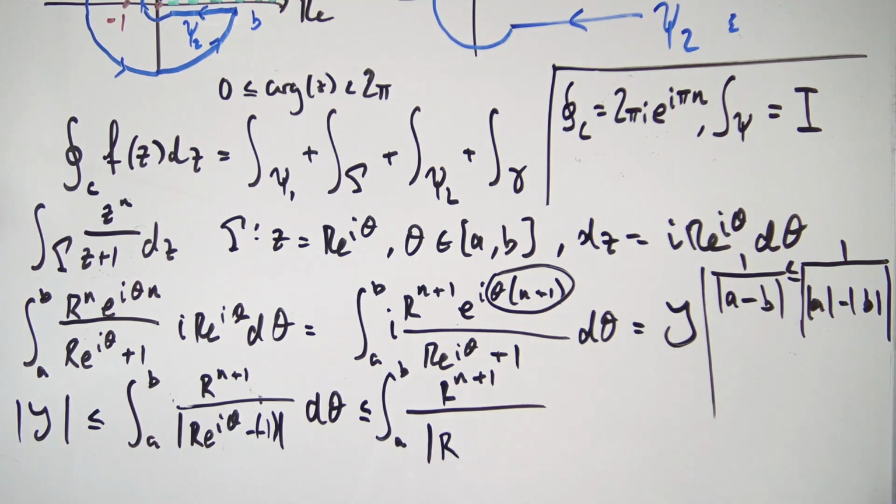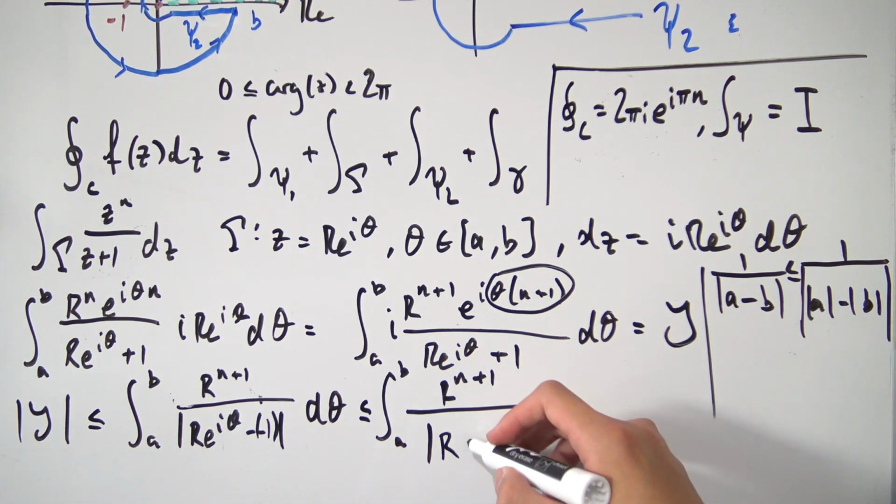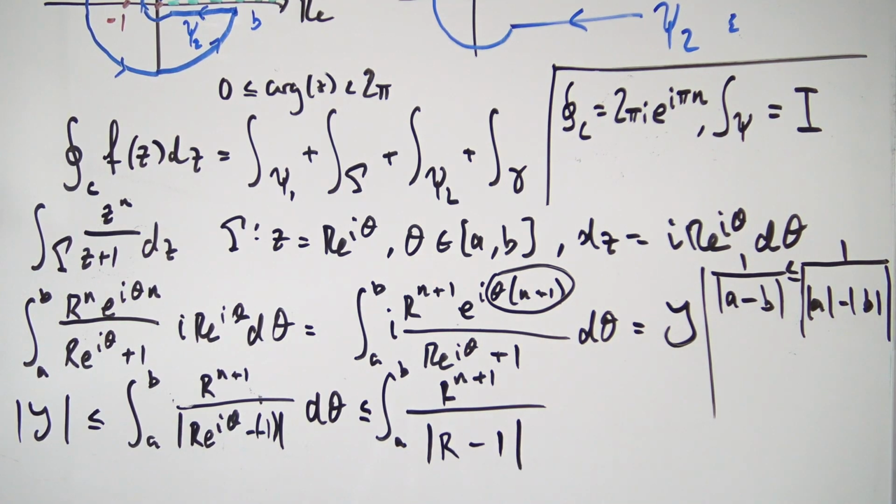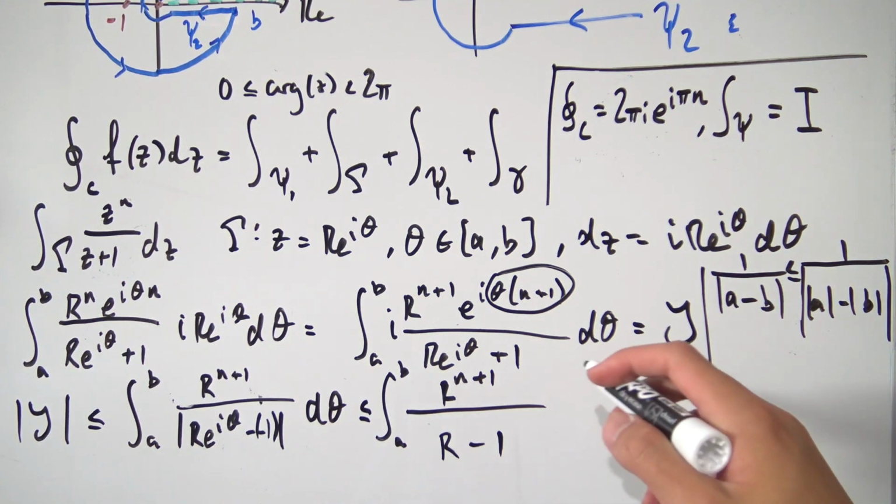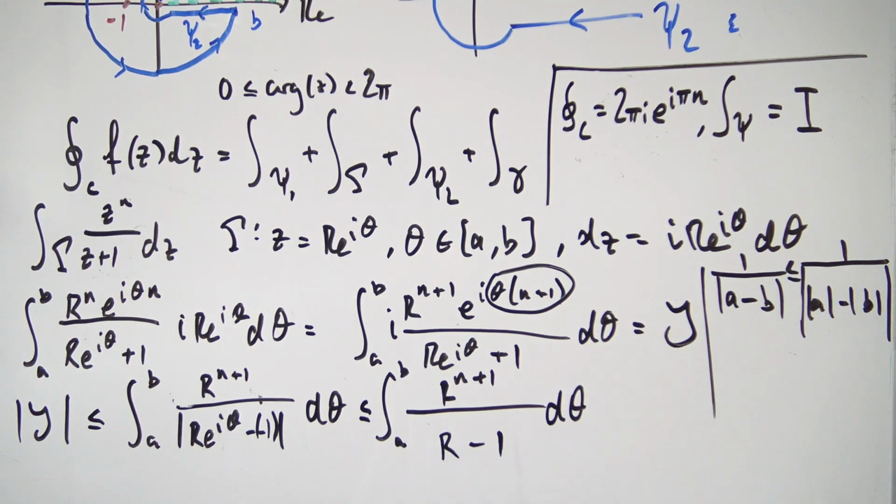So we have r, and then minus the absolute value of -1, which is just 1, so r - 1, like so. Remember, r is a really big number, and if it's really big, then subtracting 1 probably won't make it negative, so we can just ignore the absolute values there. And now we're left with this thing times d theta.